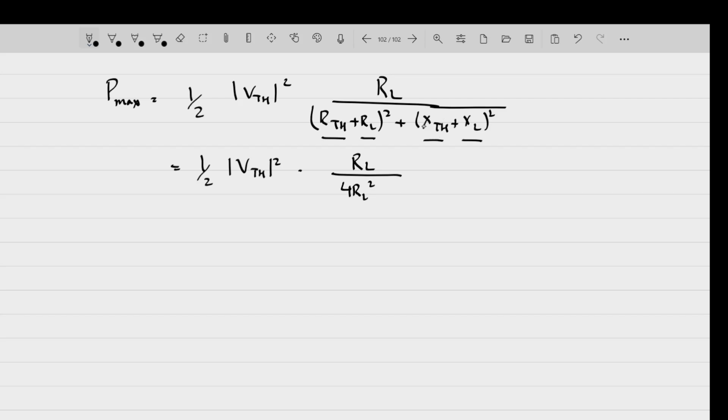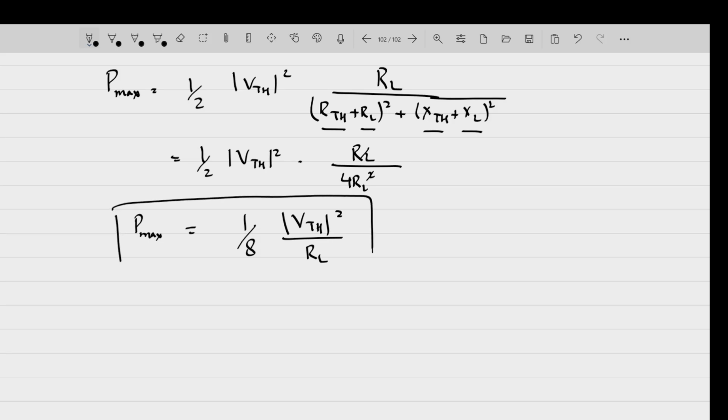In place of XTH I can write minus XL, so that becomes 0. One RL and RL cancel out, so this becomes 1/8 of VTH square by RL. Pmax in case of DC circuits was V square by 4RL. Here Pmax is equal to V square by 8RL.